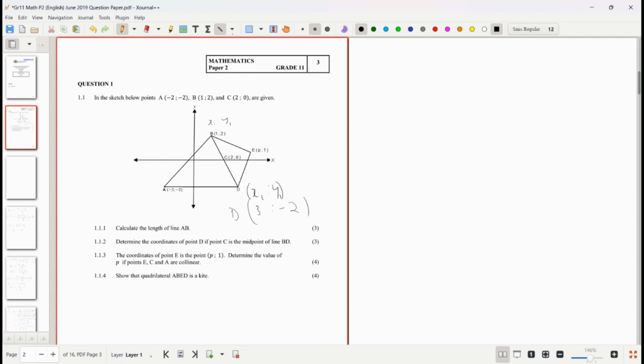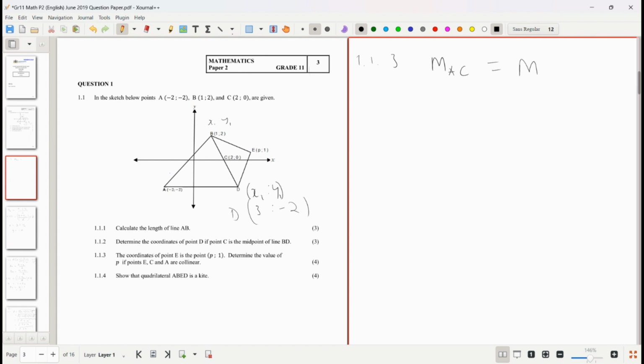We know that if we find the gradient of AC, okay, 1.1.3, how can we find the gradient of AC? We know that the gradient of AC will have to equal the gradient of what?